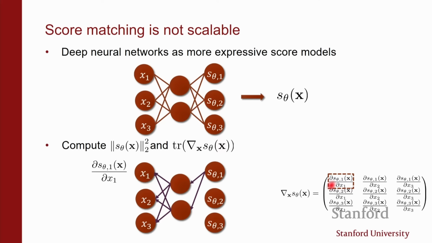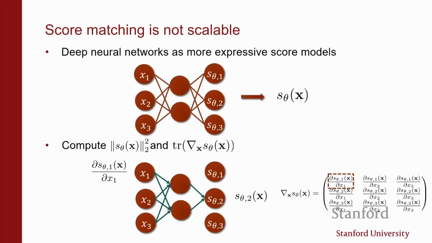And then you have all these partial derivatives that you have to deal with. The problem is, we're trying to compute the trace of this matrix, which is basically the sum of the elements on the diagonal. And so what you need to do is compute the partial derivative of the first output with respect to the first input.